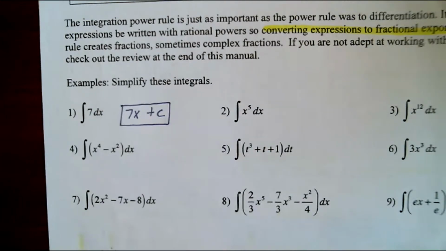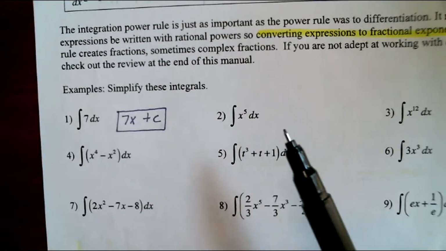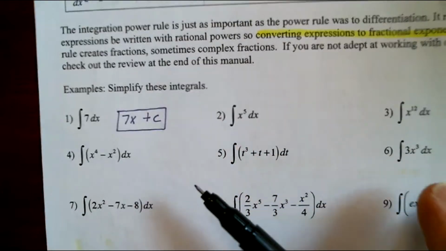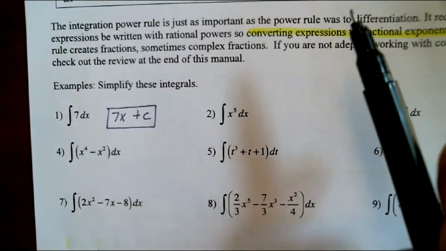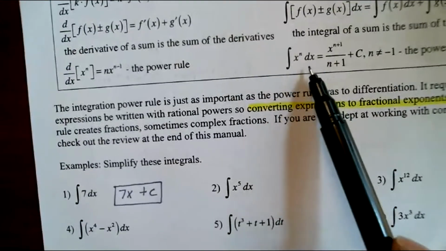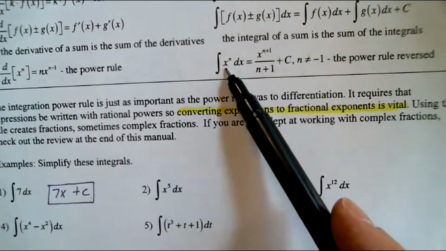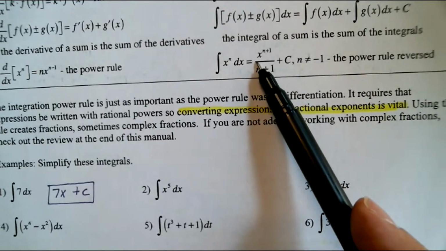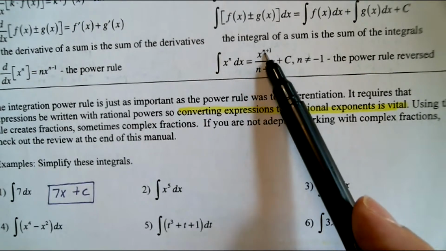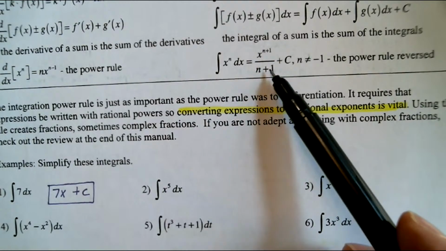All right, for number 2, the integral of x to the 5th with respect to x. Again, we're going to go to this power rule right here. We're going to say x to the n, which would be 5 here, n plus 1 over n plus 1.